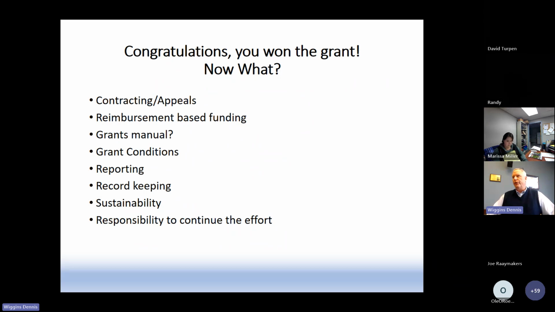It will answer most of your questions, and you won't have to spend time chasing down answers. Grant contracts: we talked about the small print in the application process and looking for that small print in the RFP. When you receive the grant, usually that's when you're going to sign off on all of those grant conditions.